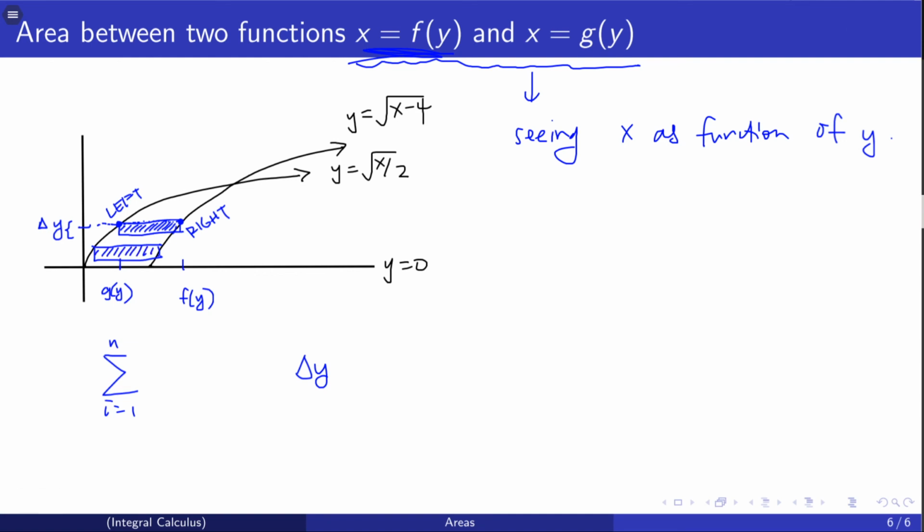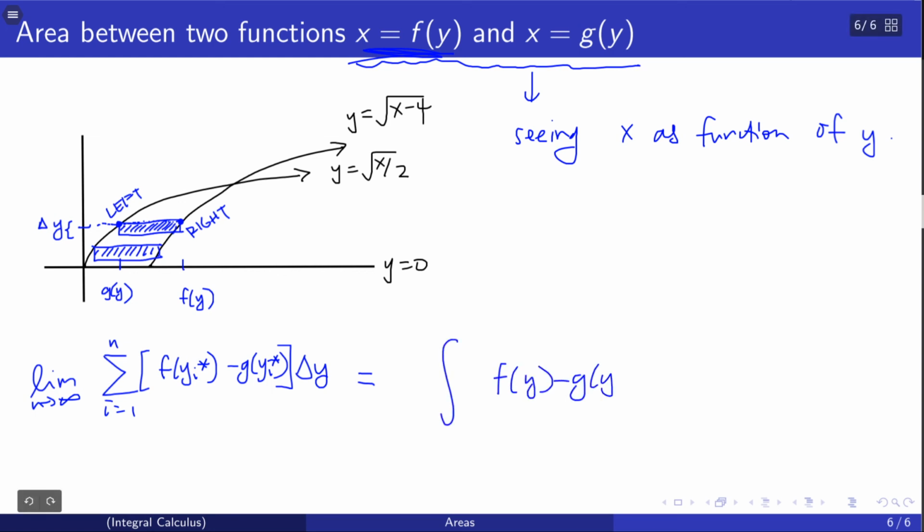And we know exactly what that width is, right? For each subinterval in y, you just have to select a yi star, similar to selecting an xi star for your vertical rectangles, and form your Riemann sum like that. And when you take the limit as n goes to infinity, what does this mean? This is just the integral of f of y minus g of y from a to b, where a and b basically denote where we start and where we end.